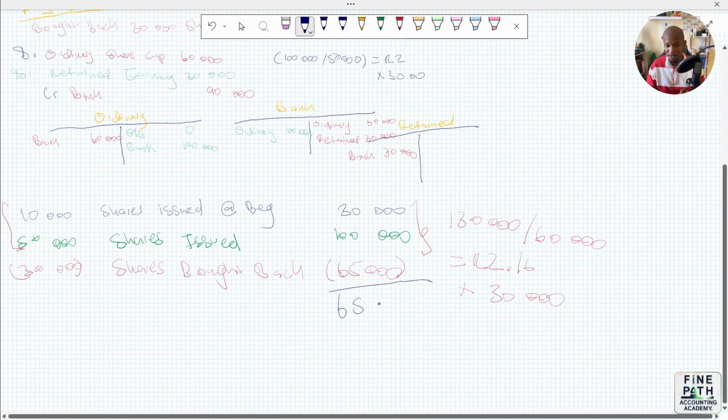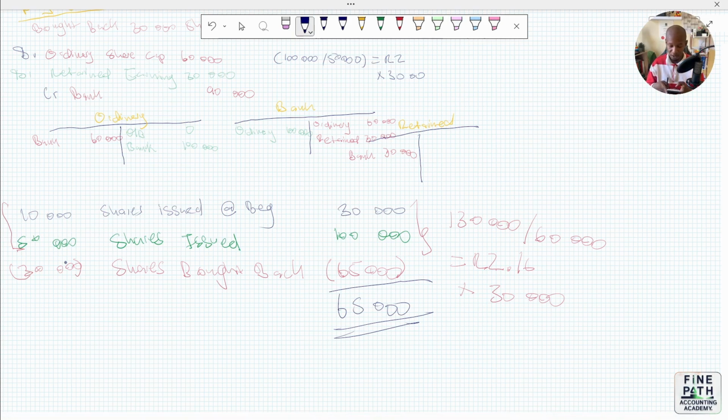That was correct. And then we also need to balance the number of shares: our 10,000 plus 50,000 minus 30,000 leaves us with 30,000 again. So at the end of the year we'd have 30,000 shares, and this balance must be the same as the balance that goes there.